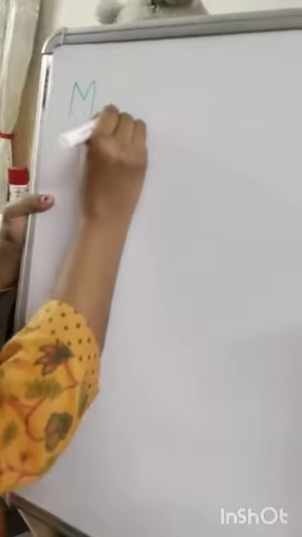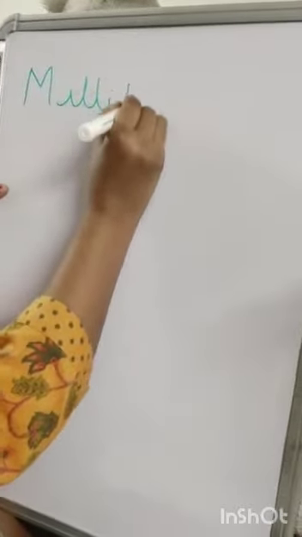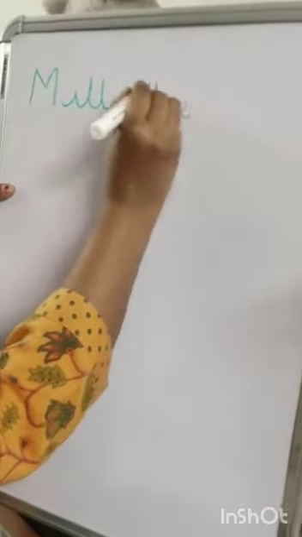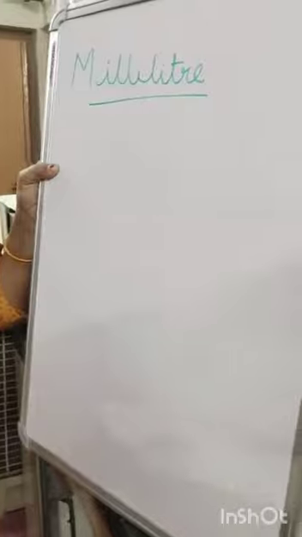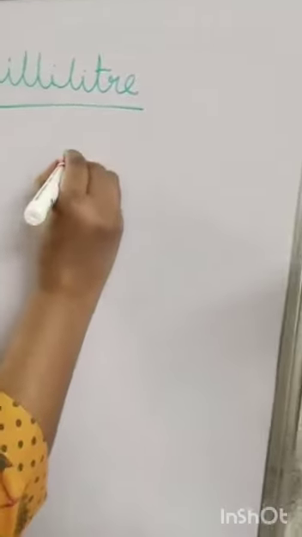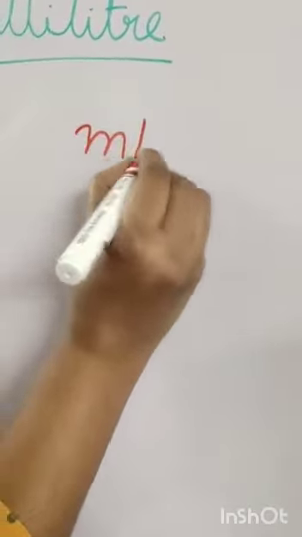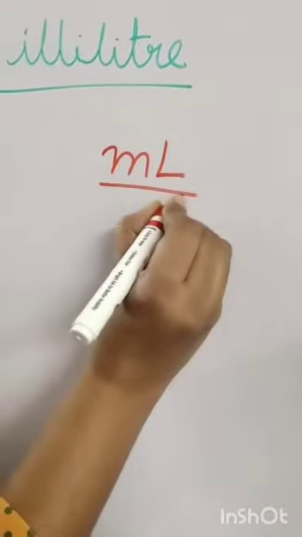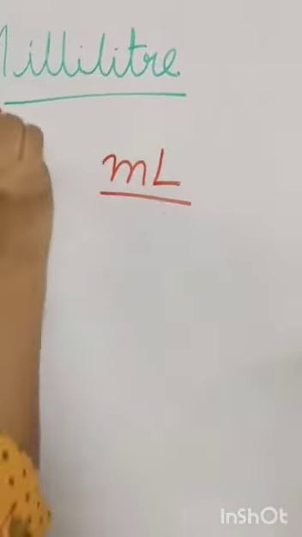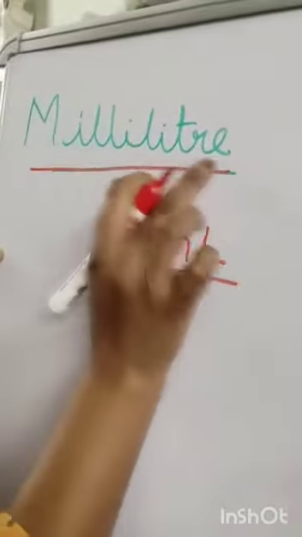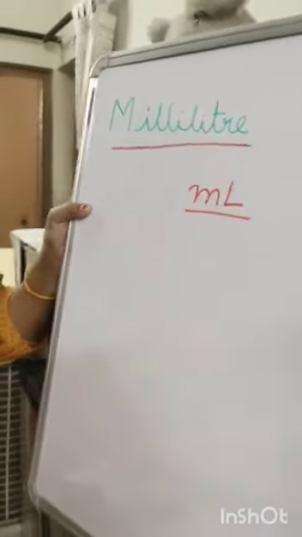You just see, we write milliliter like this. In short, we write it like this: m and L. This is the short form of milliliter. Is that clear, children? Yes.